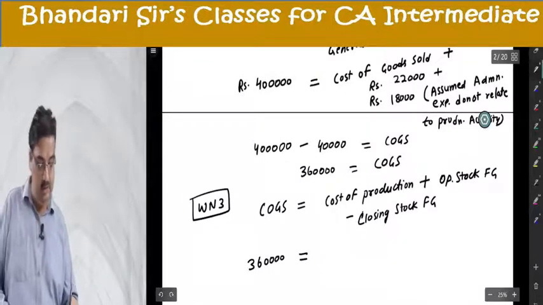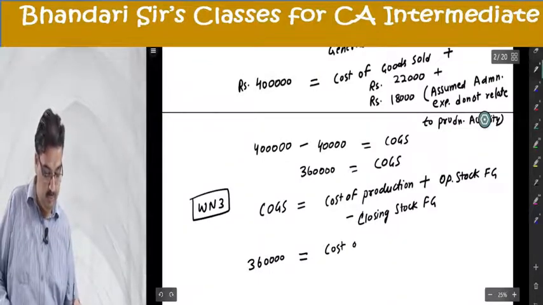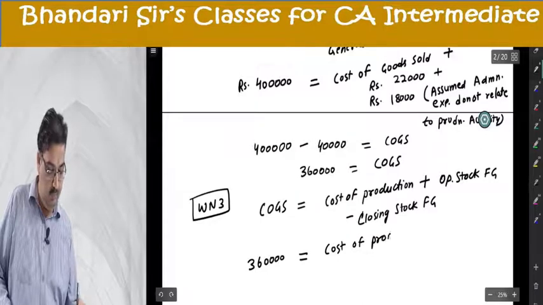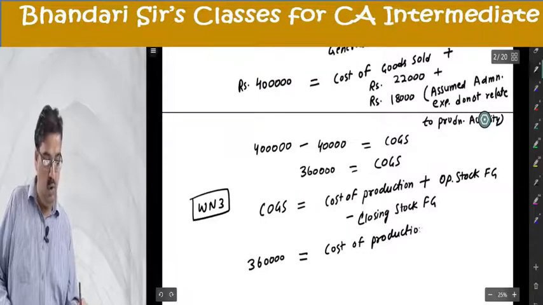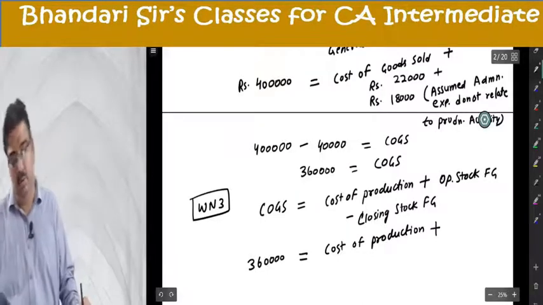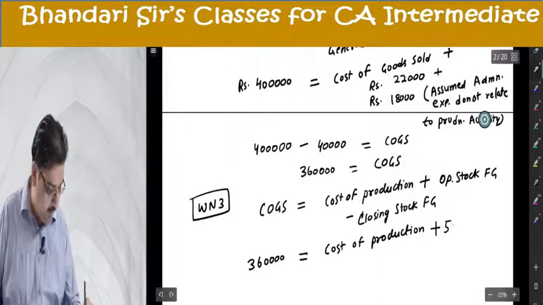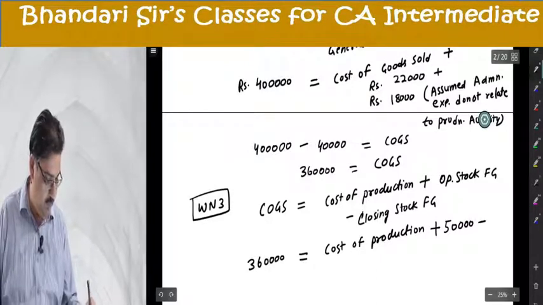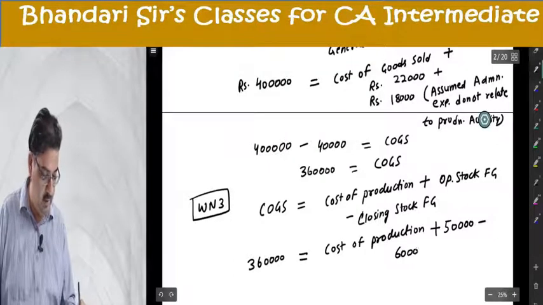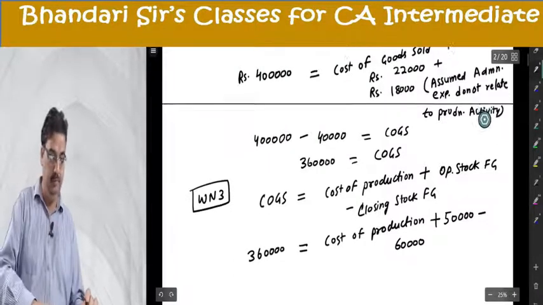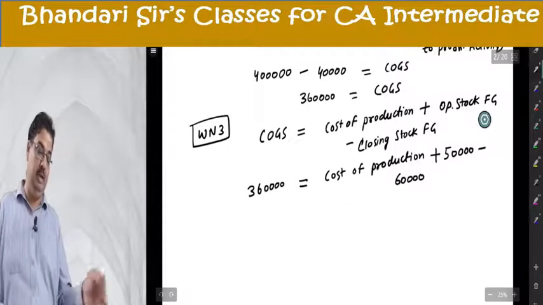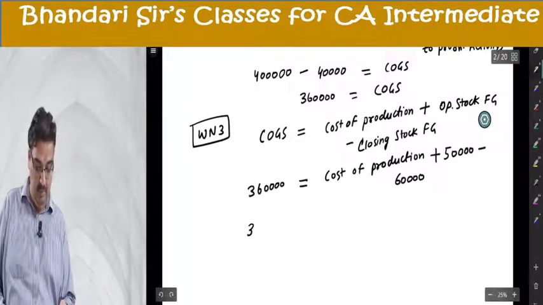3,60,000 is equal to cost of production plus opening stock of finished goods given 50,000 minus 60,000. So it is minus 10,000 on right hand side, will become plus 10,000 here.